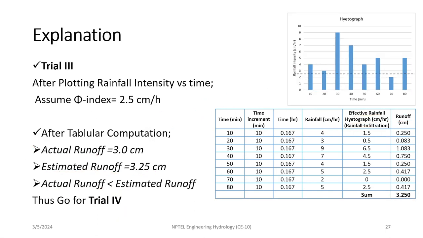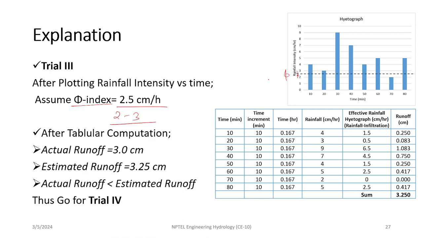Now see the trial third case. Again an assumption has been taken, phi index equals 2.5 centimeter per hour, the mid value of 2 and 3. Now you can see the computation again. This phi index value has moved ahead, above 2 and below 3.